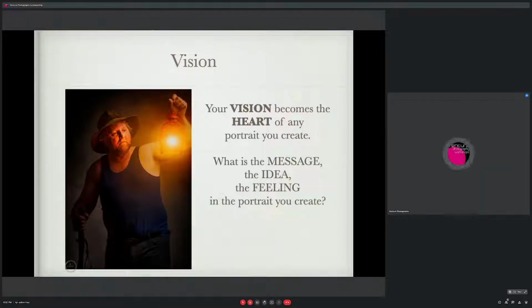So what is the message or the idea or the feeling in the portrait that I'm trying to create so that it has this particular impact on the viewer? So it's actually a series of questions you need to ask yourself. What's my vision? How do I shoot it to actually achieve my vision? And how will my vision affect someone looking at that portrait that I'm trying to create?